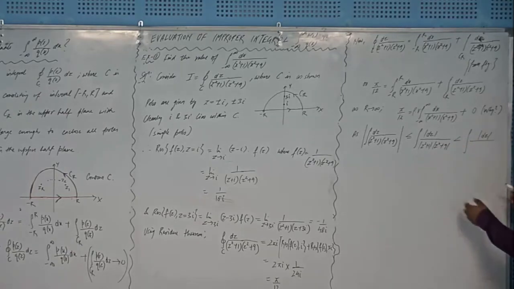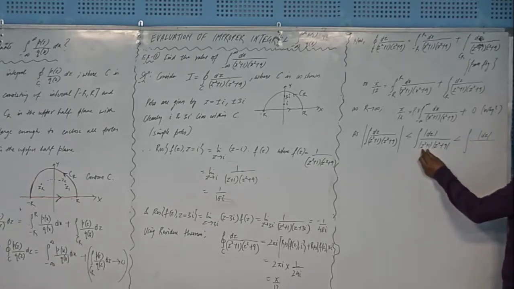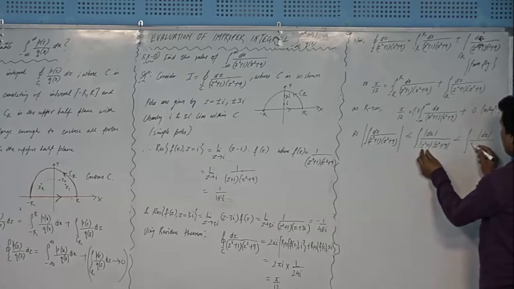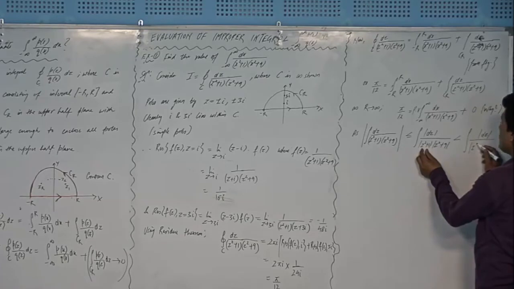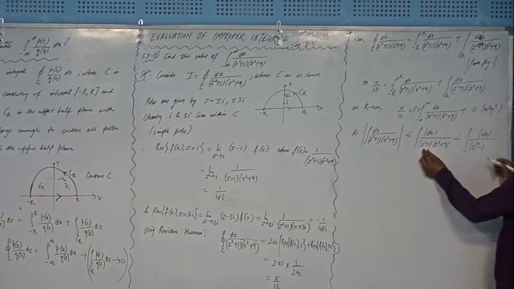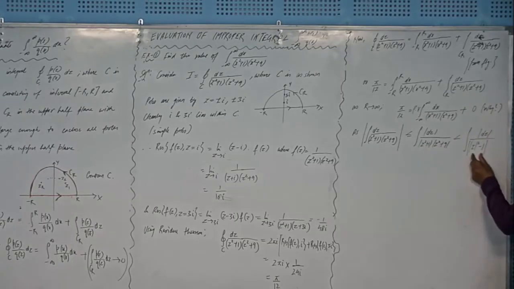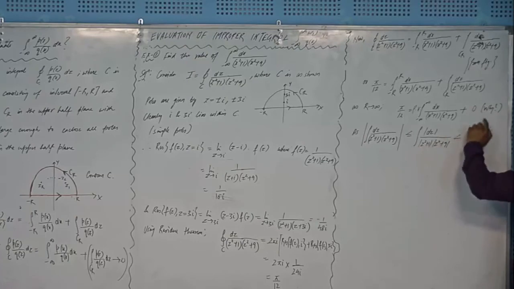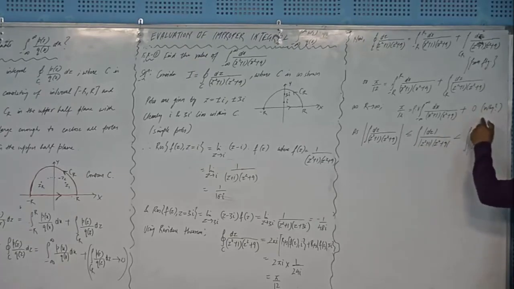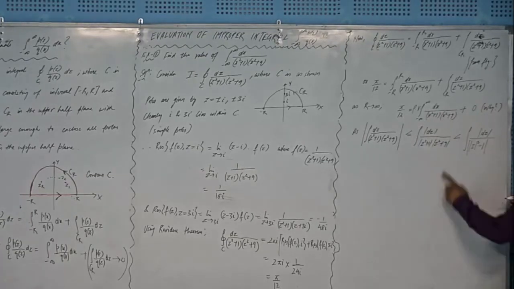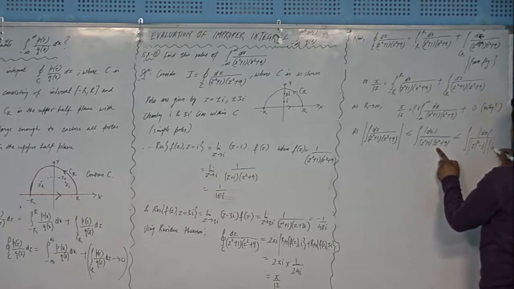So I am trying to diminish the denominator, and that is equal to mod z square minus 1. That's simple, because I am replacing plus 1 by minus 1. Obviously this is smaller than this one, and ultimately the whole term will be bigger than the previous one, right? And similarly for this one, mod z square minus 9.